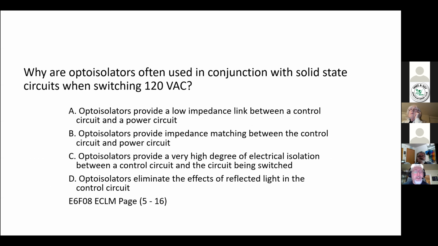B. Optoisolators provide impedance matching between control circuit and power circuit. C. Optoisolators provide a very high degree of electrical isolation between a control circuit and the circuit being switched. Or D. Optoisolators eliminate the effects of reflected light in the control circuit.